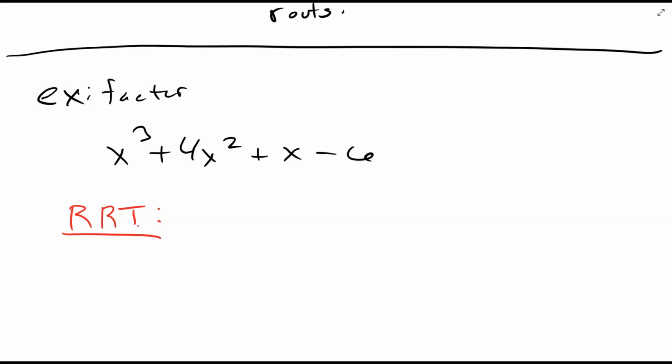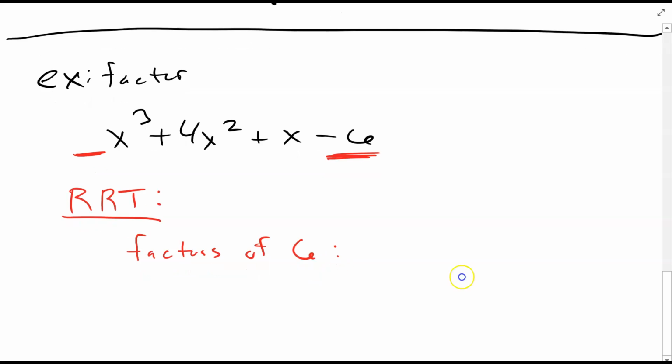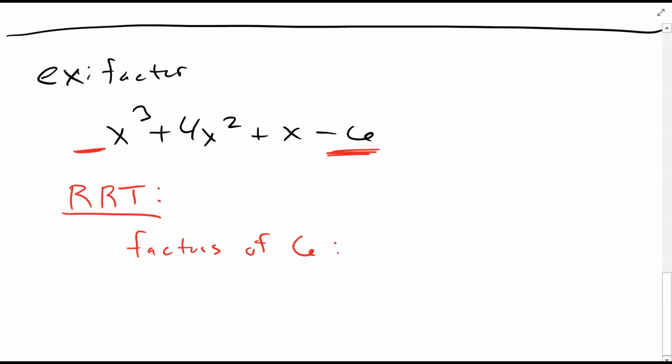To use that, I'm going to care about the factors of the constant term and the factors of the leading coefficient. So the factors of 6 are what numbers? Okay. And then my leading coefficient is 1. What are the factors of 1?